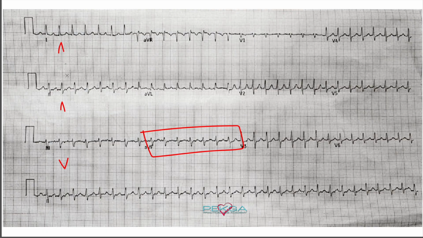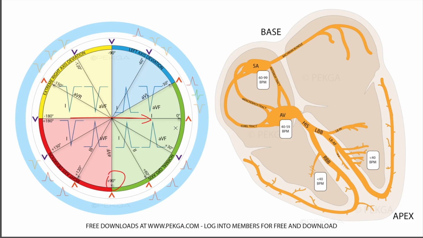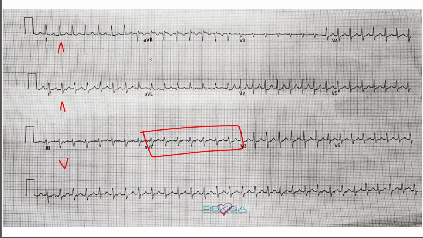If we take a look at lead 1, it's completely positive. So my axis is probably going to be somewhere around 0, maybe a little bit down. So this is normal, right? I'm not having any sort of axis deviation. Moving on further, aVR is inverted, so that's normal. aVL appears to be as it should, so that's good.